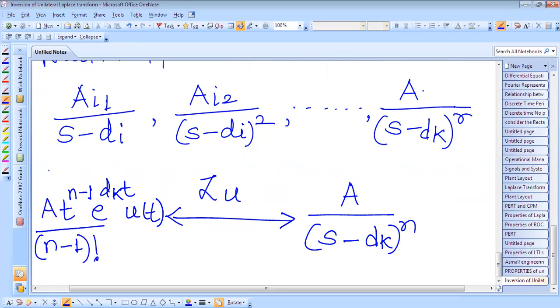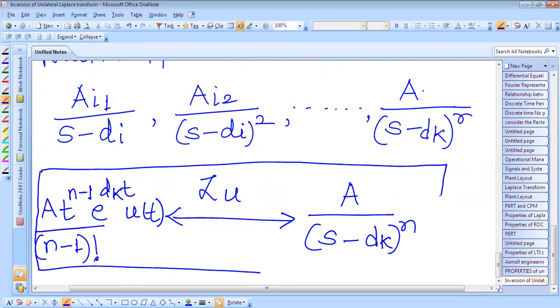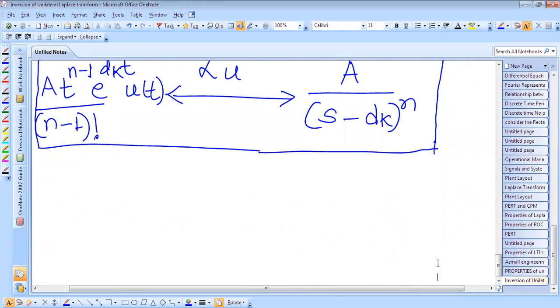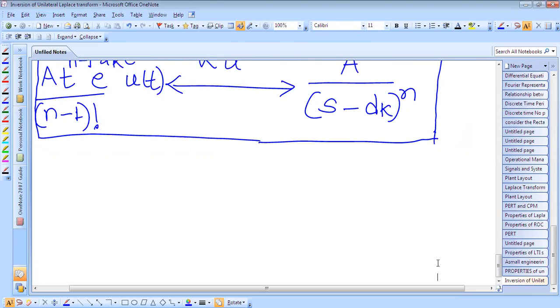So this is the inverse Laplace transform of the repeated poles. Okay, so by using such basic Laplace transform pairs and the Laplace transform properties, we can find the inversion of the unilateral Laplace transform.